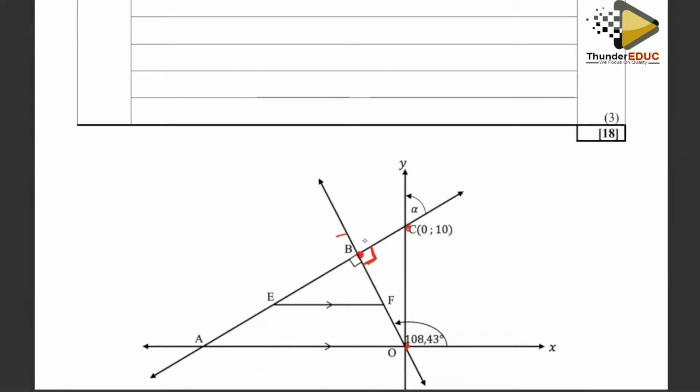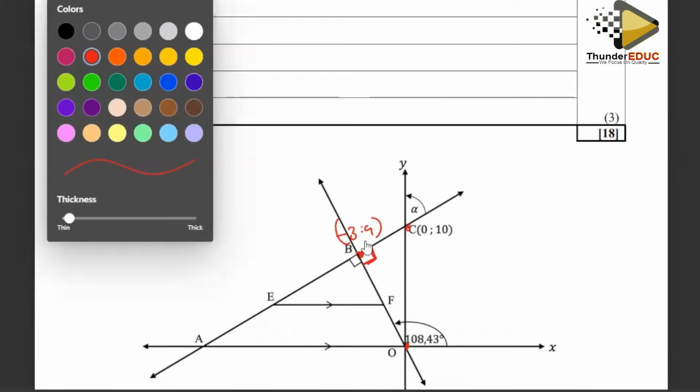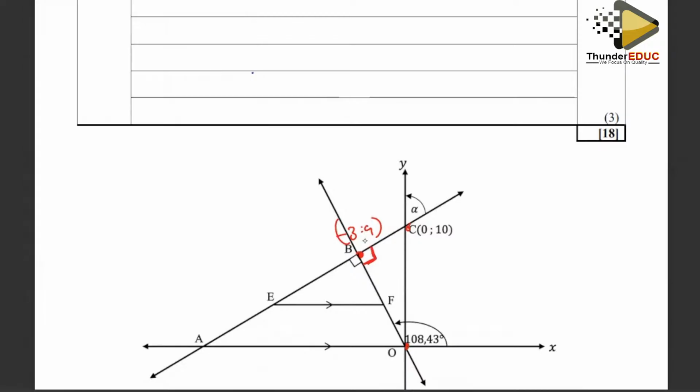If B is negative 3 and 9, I have a quick way of doing it, but I'll try to check it with a longer way to see if we get the same answer. So the quick way is for me to focus on this right-angled triangle and create another 90 if this is a perpendicular. If this is my height and the whole of this is my base, meaning that our base is gonna be 10 units because from 0 up to here, that's basically 10 units.